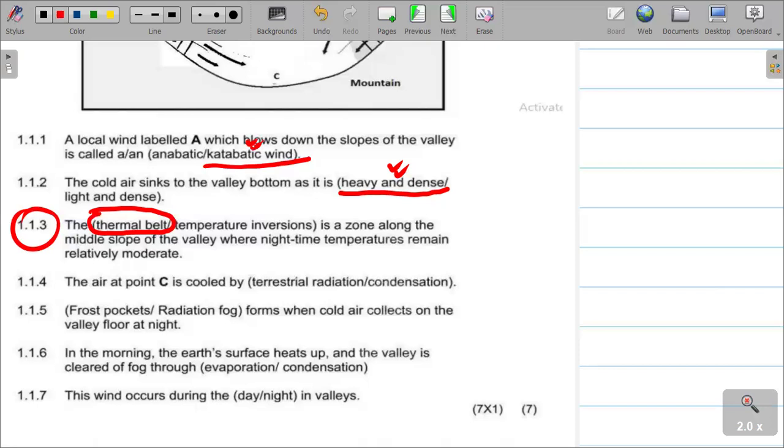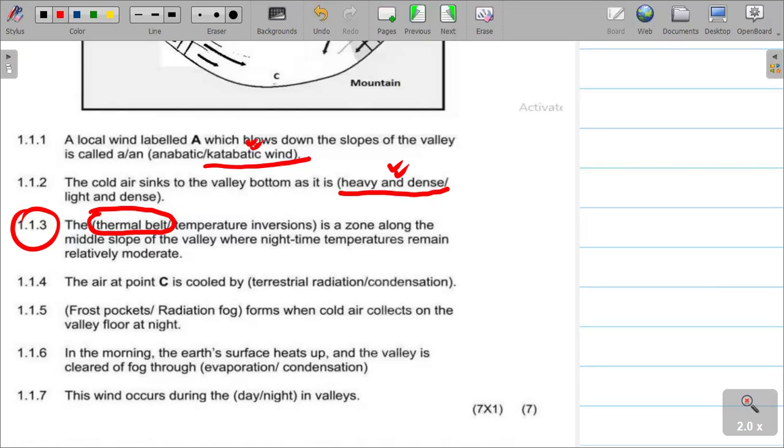It is because of the scientific explanation we have given with regard to air masses and microclimate in respect to rivers. So it is the thermal belt along the middle slope of the valley at night time, where the temperature remains relatively moderate.